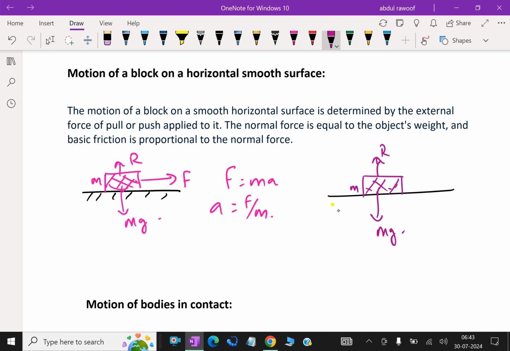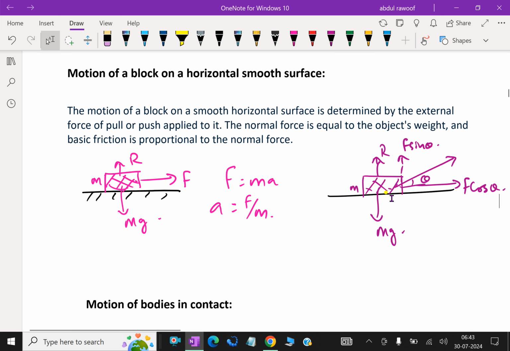Suppose the force is not applied horizontally; the force is applied in some inclined direction, that is theta. The vertical component of this force is F sine theta, and the horizontal component is F cos theta.